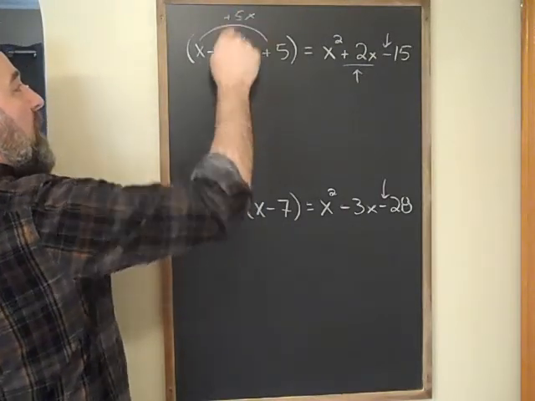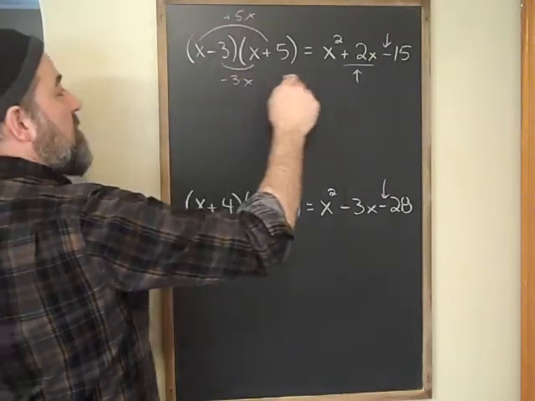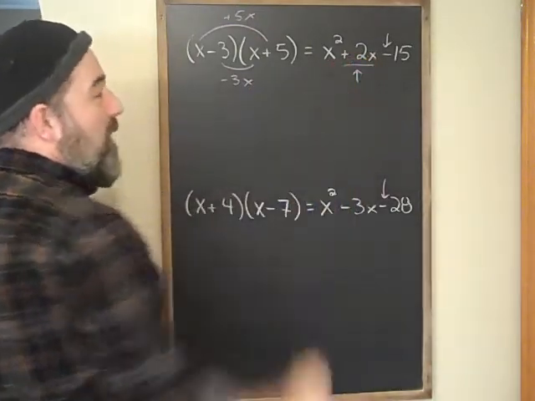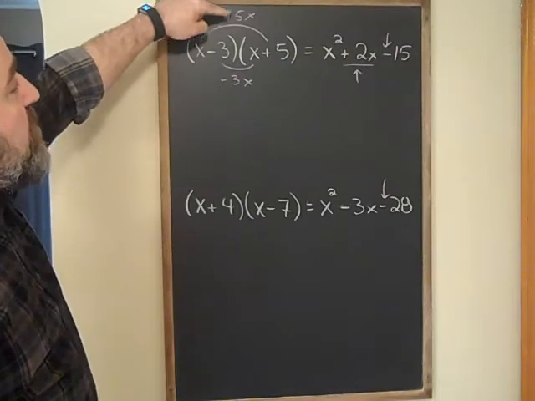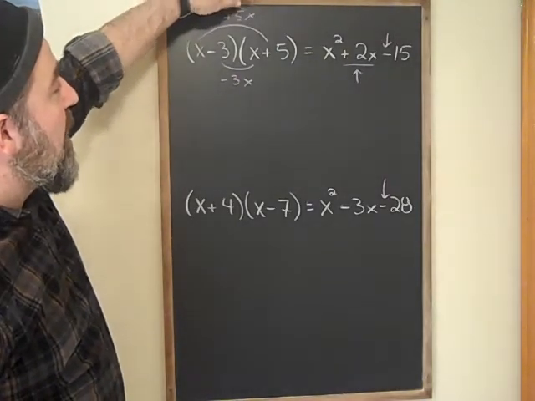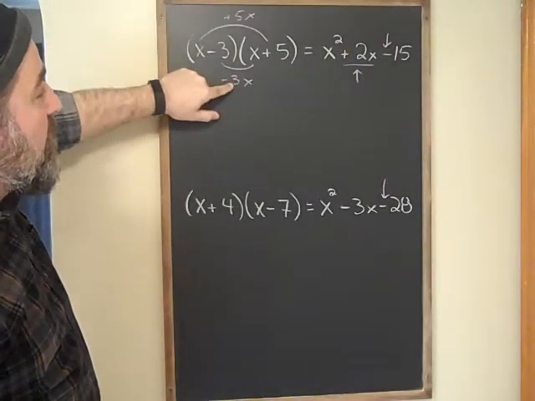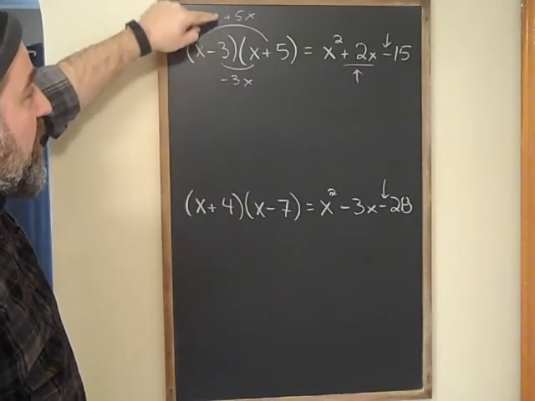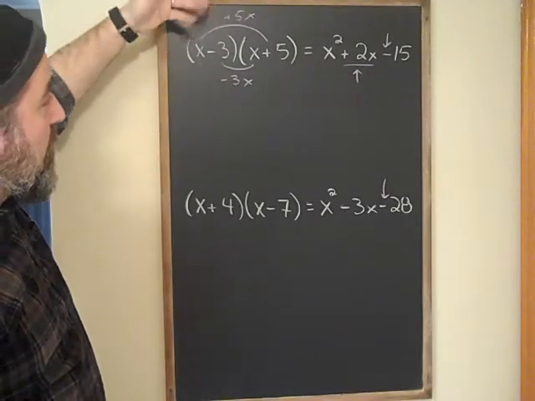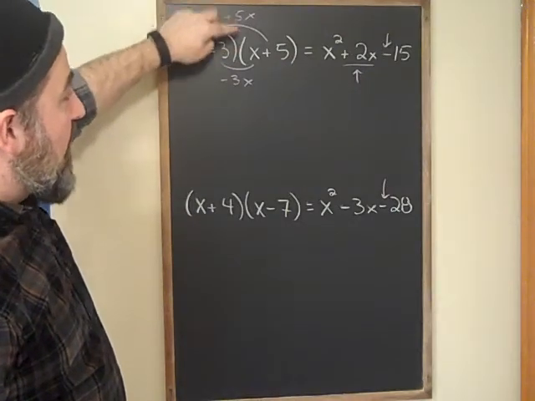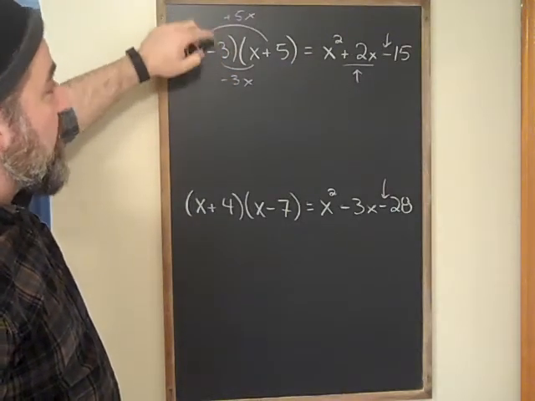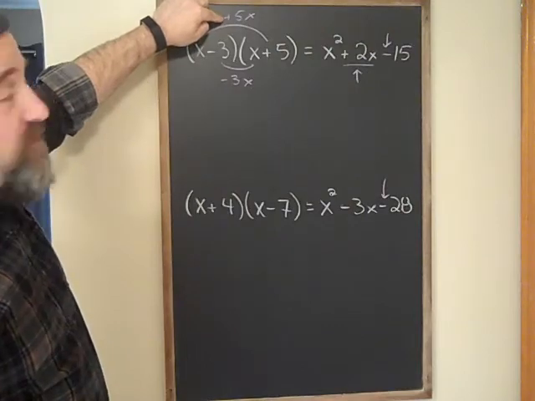Those combine, the 5x and the negative 3x, to make that positive 2x. It's positive because the larger product has a positive value. That product is 3x, it has a negative value. So remember the way we add positives and negatives, you subtract 5x and 3x to get 2x, and it gets the sign of the larger value.